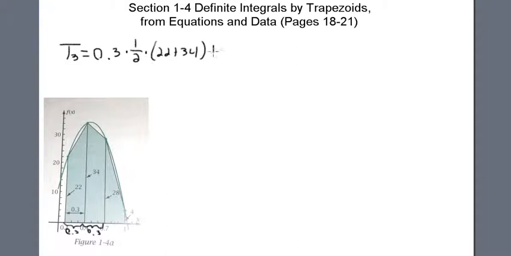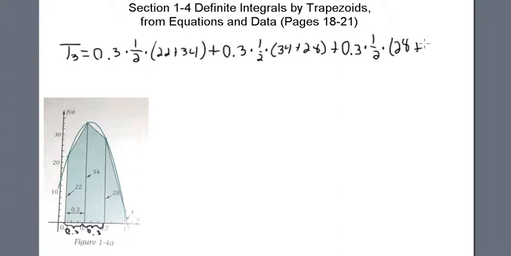That's our first trapezoid, plus the second trapezoid, once again 0.3 times 1/2 times 34 plus 28. And then lastly, plus 0.3 times 1/2 times 28 plus 4.